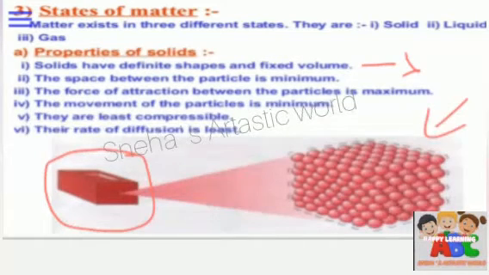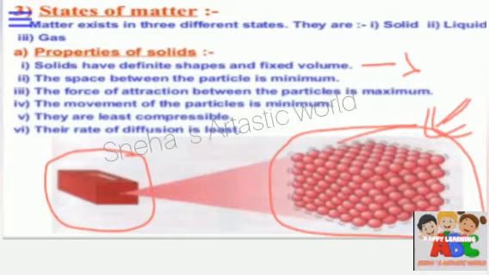The space between the particles is minimum because the particles of solid are very close to each other. The third property is that the force of attraction between the particles is maximum. I already told you why: because the particles of solid are very close to each other, so the force of attraction is very high.